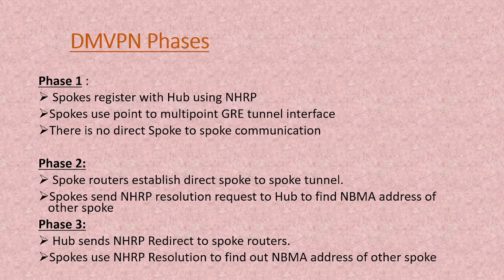After that, spokes use NHRP resolution to find out the NBMA address of the other spoke, and then they can form the DMVPN tunnel between themselves without consulting the hub router. That is the advantage of DMVPN: direct communication between the spoke routers, ignoring the hub.